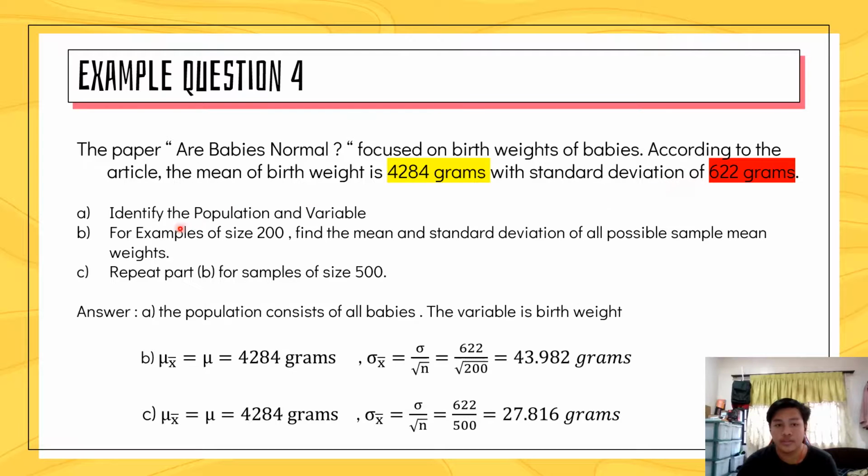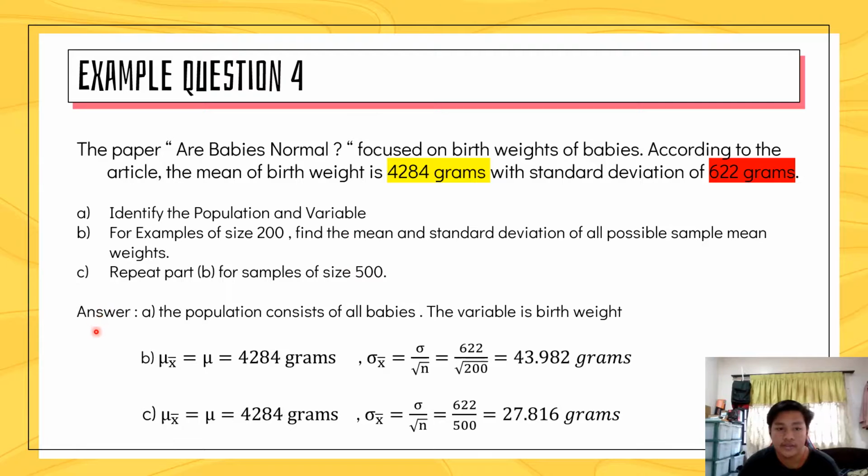So A, you must identify the population and the variable. For B, for a sample of size 200, find the mean and standard deviation of all possible sample mean weights. And for C, you must repeat B, but you change the sample size to 500.